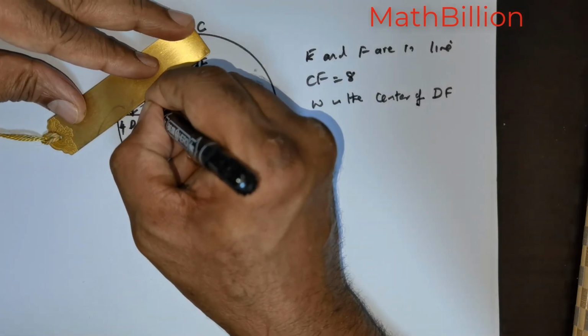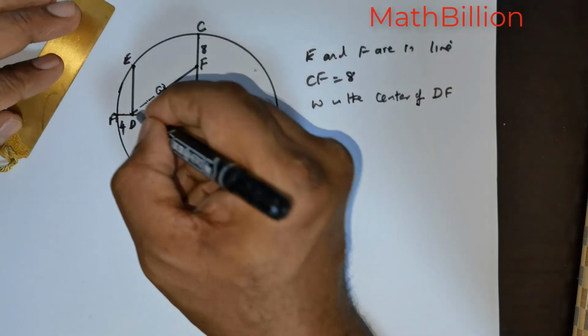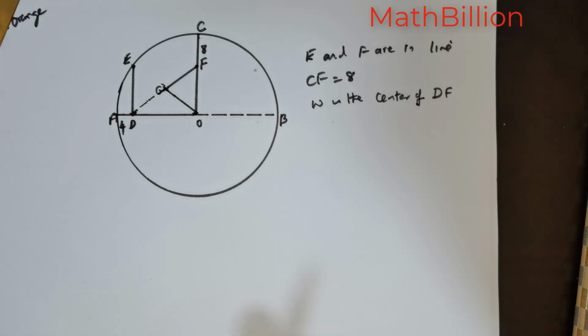So now how are we going to solve this question? You can pause and think for a minute and give the solution, and then come back to the video and check the output. So I hope you have got the solution.